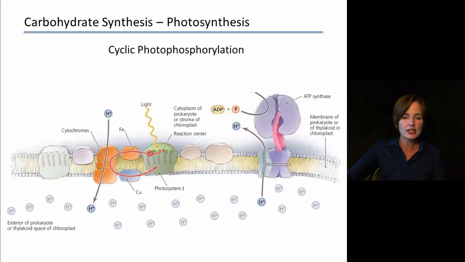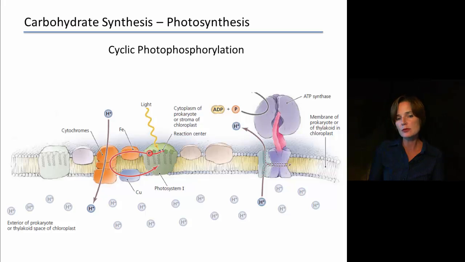So if we look at this process here, there's two pathways that electrons can take once they do come in. Notice that the light comes in and then electrons are going to get energized. Those energized electrons are going to be passed through a couple different participants. It's a very tiny electron transport chain.